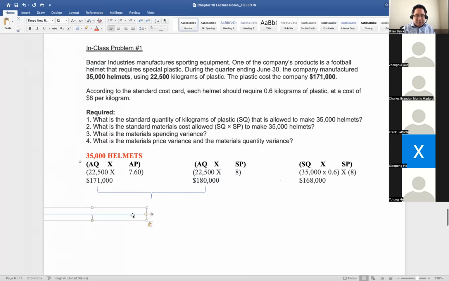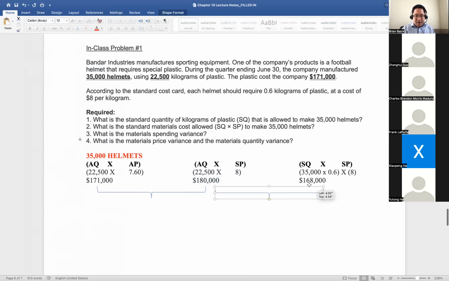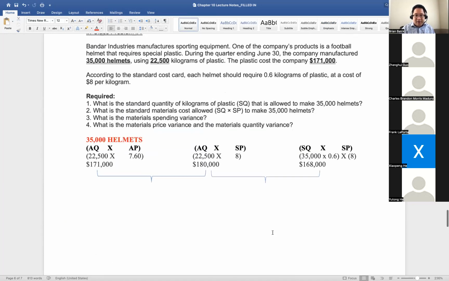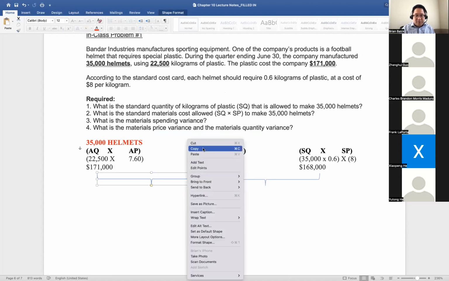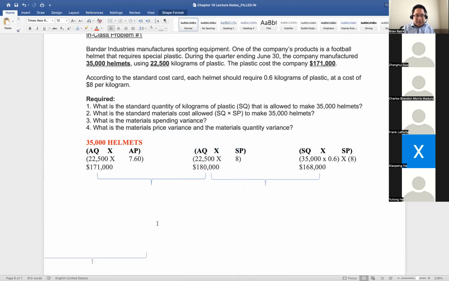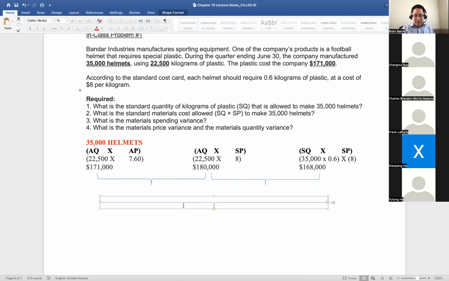Then the difference between the second and the third number is a different variance. And then the difference between the first and the last number is another variance.